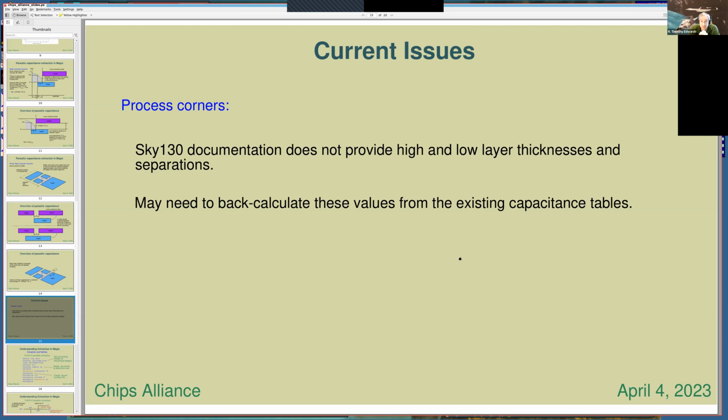So if I want to redo all the calculations for the corners, I probably need to figure out how to back calculate the layer and height deltas for the corners from those capacitance tables, which is going to be a bit of a pain.